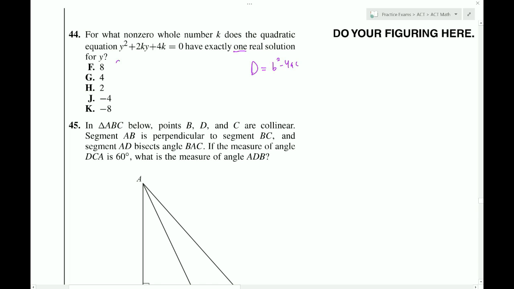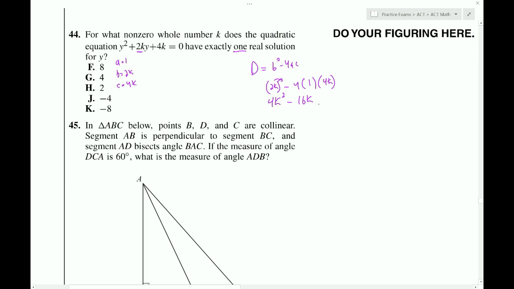So anyway, here a is equal to 1, the coefficient. b is equal to, the coefficient of your y term is 2k, and the coefficient of the c term is the whole thing, it's just 4k. So now b squared is 2k, quantity squared, minus 4 times a times c. Right? So 2k squared, you have to square both pieces, so you get 4k squared, minus 16k, right?